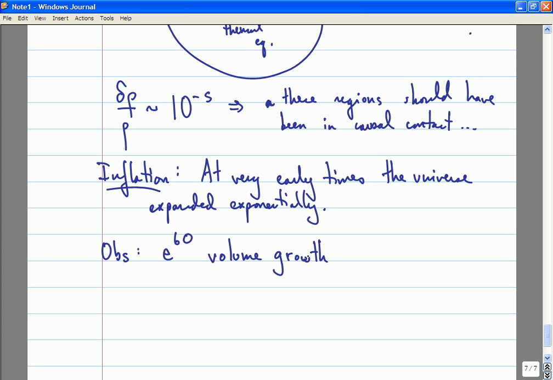And the observed value of delta rho over rho, the variations in the cosmic microwave background, is due to quantum fluctuations during this expanding phase.